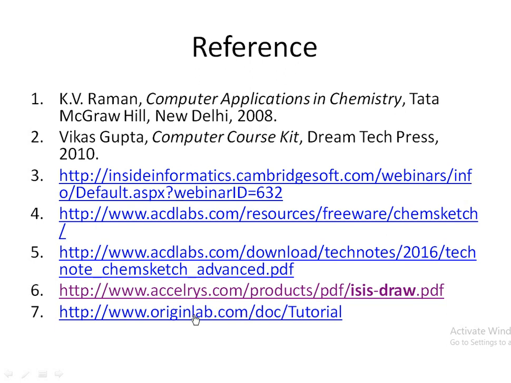Using these you can get material for your course and complete it. For the basics of computers, and for ChemSketch, you can go here. ChemSketch, Origin, and for ISIS-Draw you have several documents here. You can download all these and learn from there.